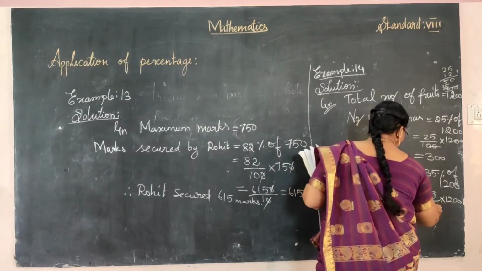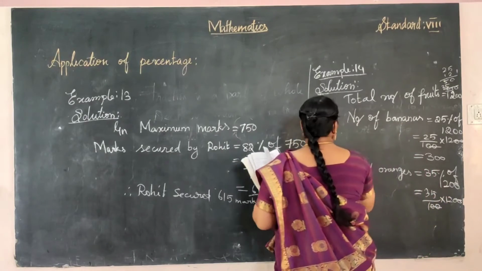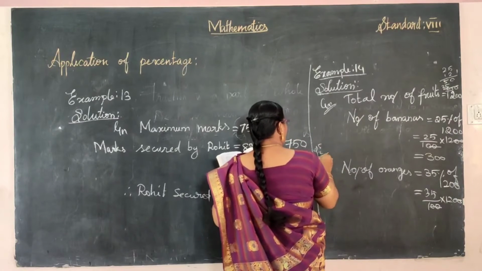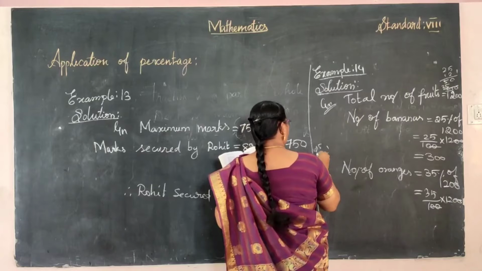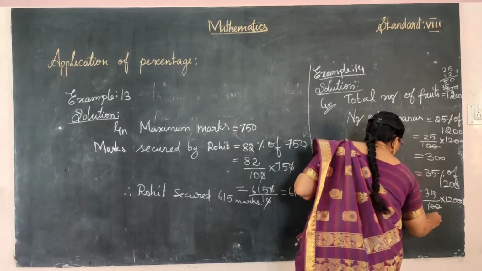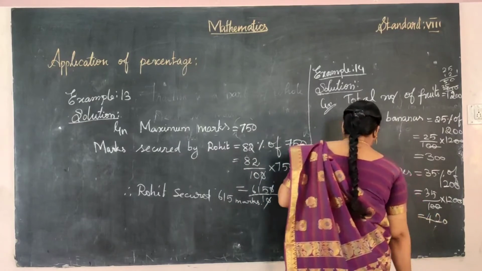Simplify these two values. 35 twelves are 420. How many oranges are there?